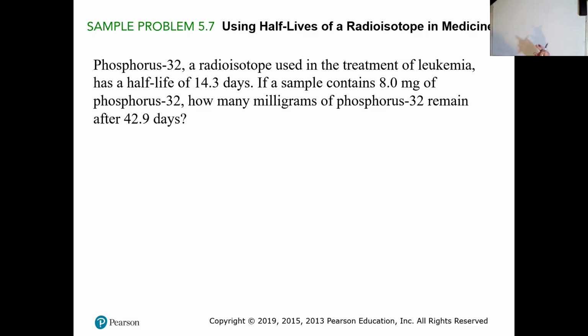Okay, phosphorus-32, a radioisotope used in the treatment of leukemia, has a half-life of 14.3 days. So 1 half-life equals 14.3 days. If a sample contains 8 milligrams of phosphorus-32, how many milligrams of phosphorus-32 remain after 42.9 days?